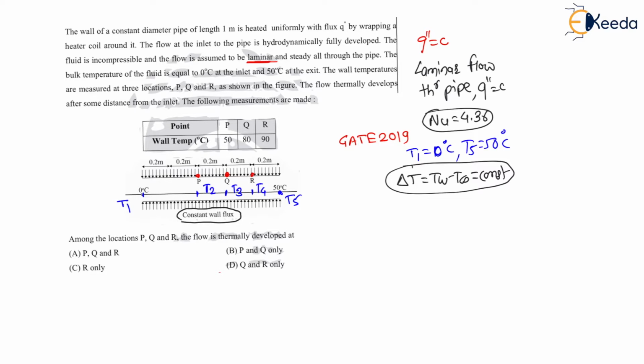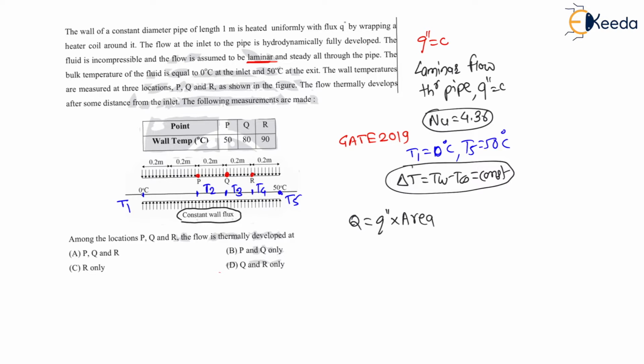Now my dear students, let us derive the expression for this heat flux q double dot. Now we know that heat transfer q is nothing but q double dot, heat flux, into area, right? Because this heat flux is watt per meter square. Therefore if I multiply this heat flux with area, then I will get total heat transfer.